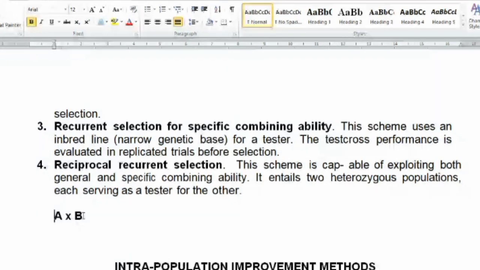So you will obtain progenies where B is considered the mother.